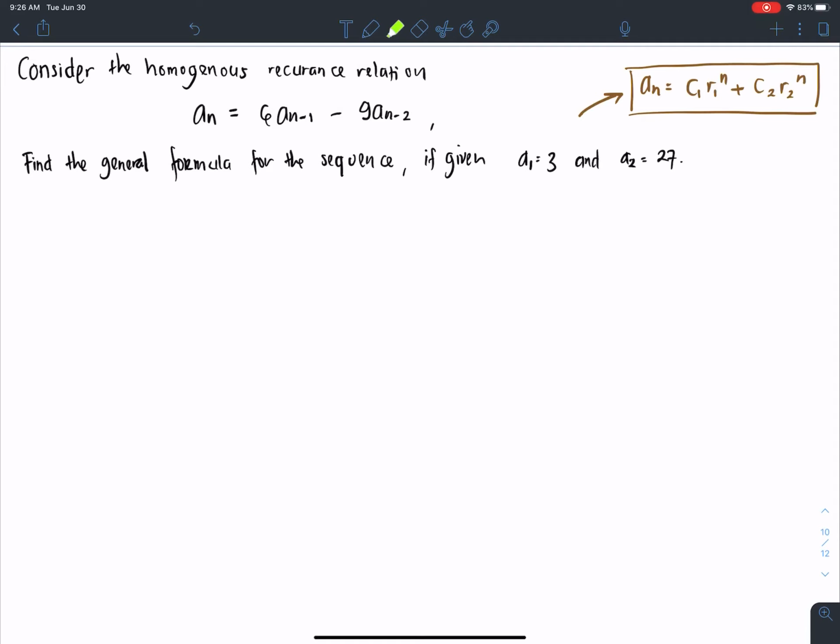We are given here the recurrence relation a_n = 6a_{n-1} - 9a_{n-2}, and we would like to find the general formula for the sequence, given the initial conditions a1 = 3 and a2 = 27.